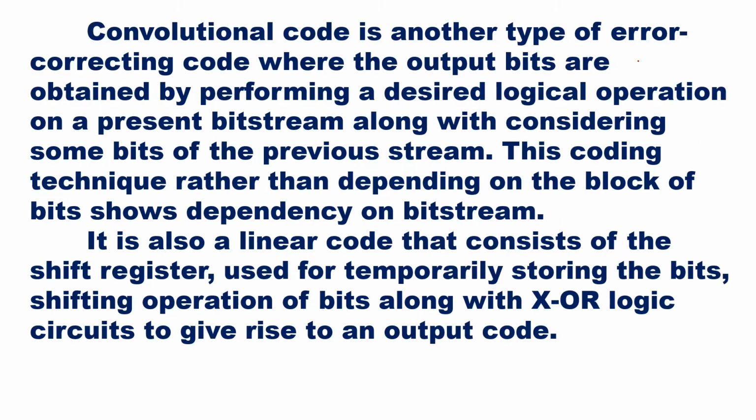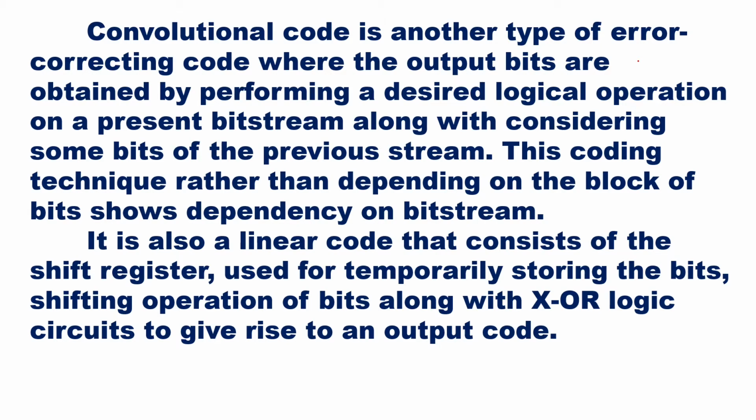So here is a little theory on what a convolutional code is before we go to the diagram. A convolutional code is another type of error correcting code where the output bits are obtained by performing a desired logical operation. Logical operation here means we will do XOR operation, which you have studied in digital electronics. The XOR operation will be done on the present bit stream, along with considering some bits of the previous stream.